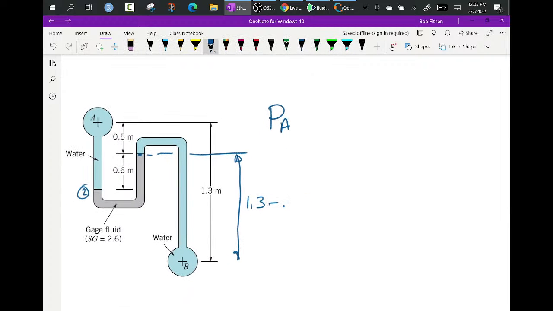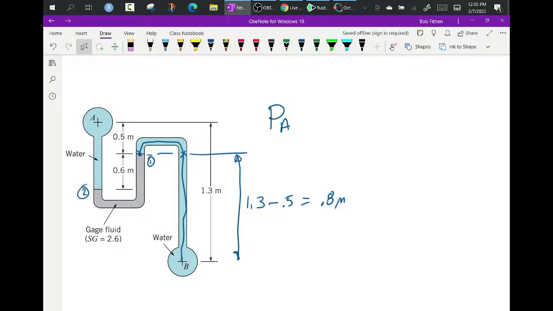Okay, never mind. So here's 0.8 meters from here to here. Essentially what I did is I went up to here, and then I went up here and back down to here. Now I think I'll label this 1.